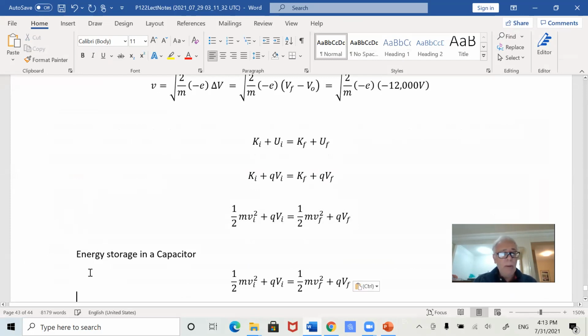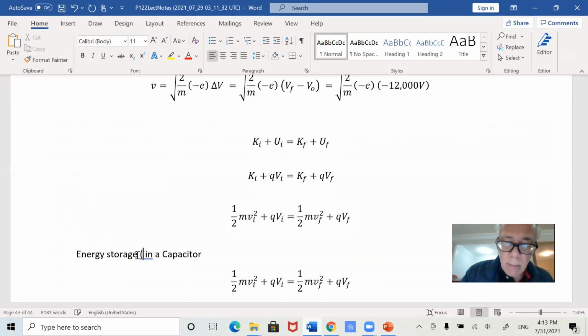When we talk about energy storage, we're talking about potential energy. I'm talking about the electric potential energy stored.